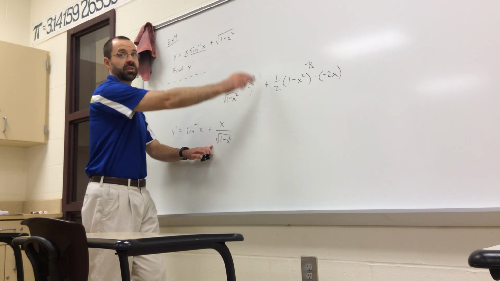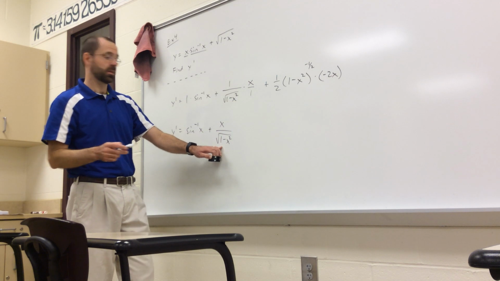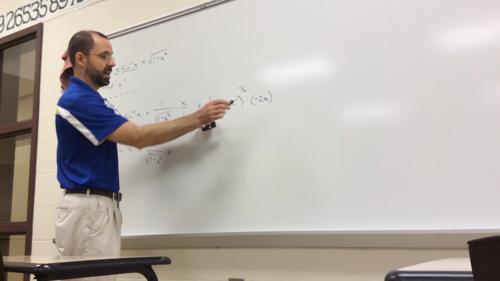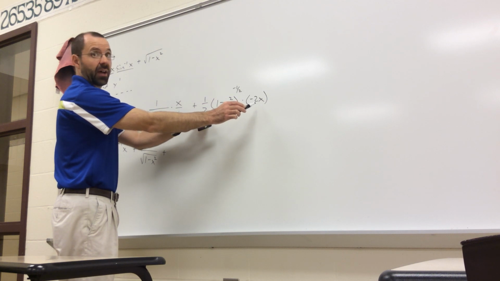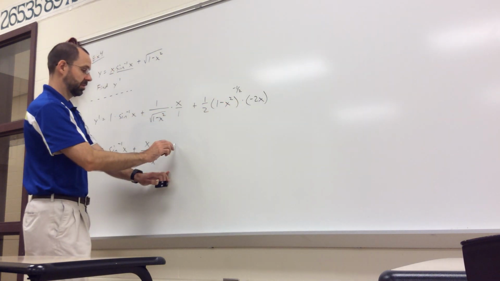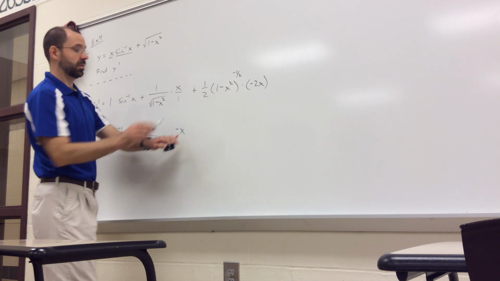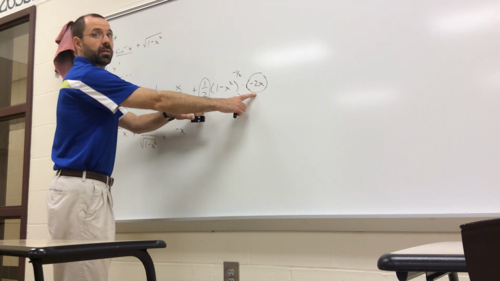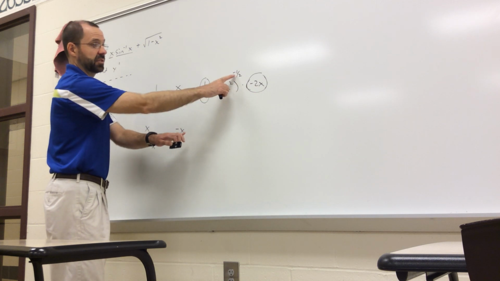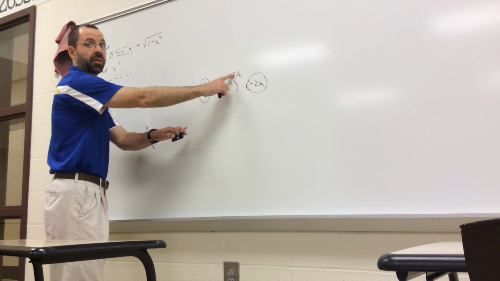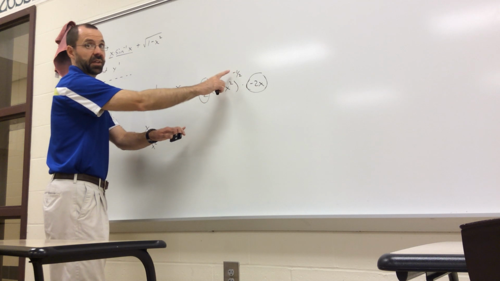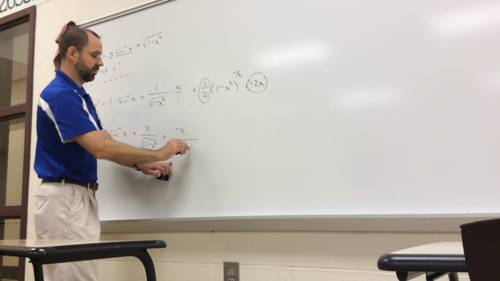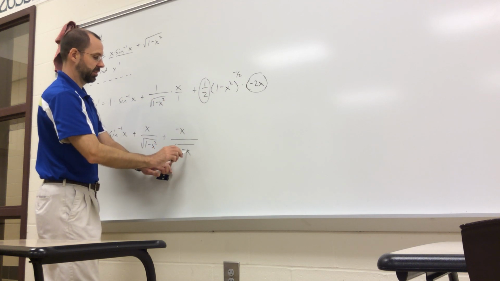So that's that fraction, those two things multiplied together. Then this 1/2 times negative 2x is negative x. And then this is in the denominator because it's a negative power, and it's a square root in the denominator because it's a half power. So it's the square root of 1 minus x squared.